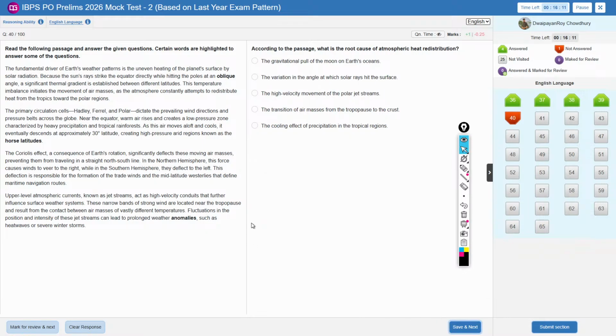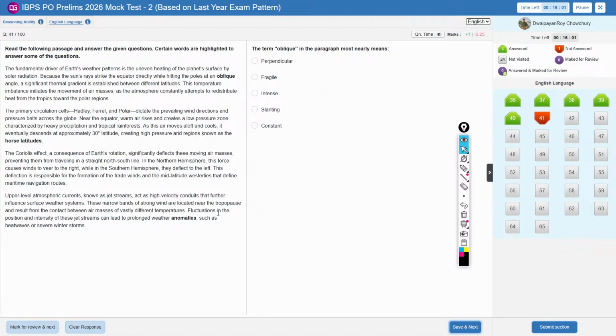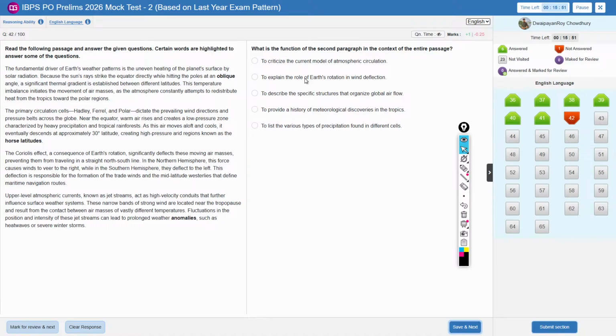According to the passage, what is the root cause of atmospheric heat redistribution? Hit the surface. The term oblique in the passage most nearly means slanting.